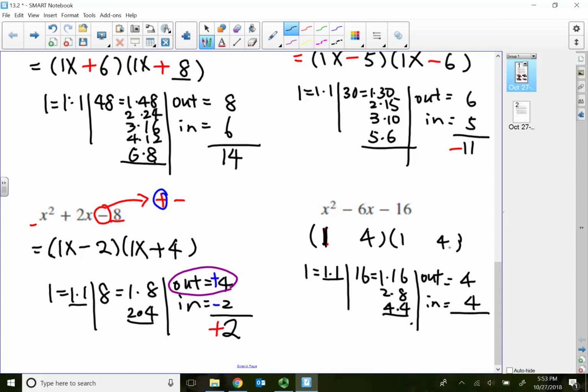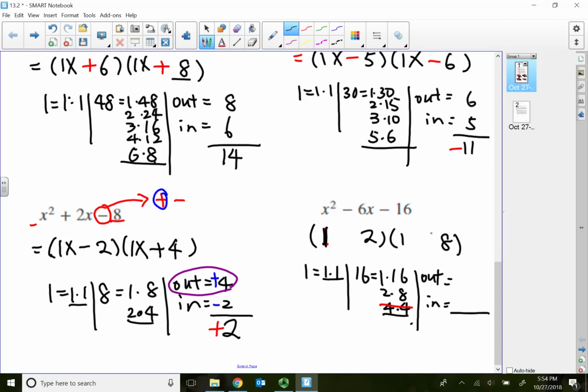So swapping the two numbers on the back does not work. When that doesn't work, that means we will use a different set of numbers. So perhaps we can use 2 and 8, and then we try it again. This is where the wording trial and error comes in. That's the method I'm doing: trial and error method. Basically, it's like the FOIL method backwards.